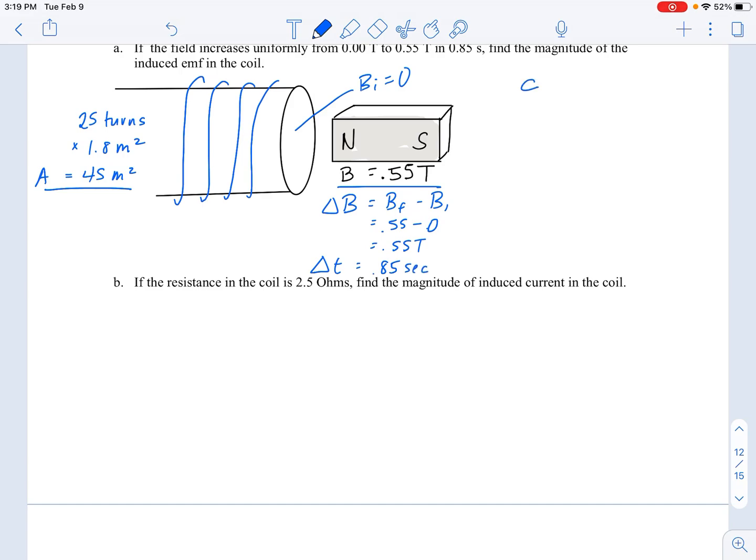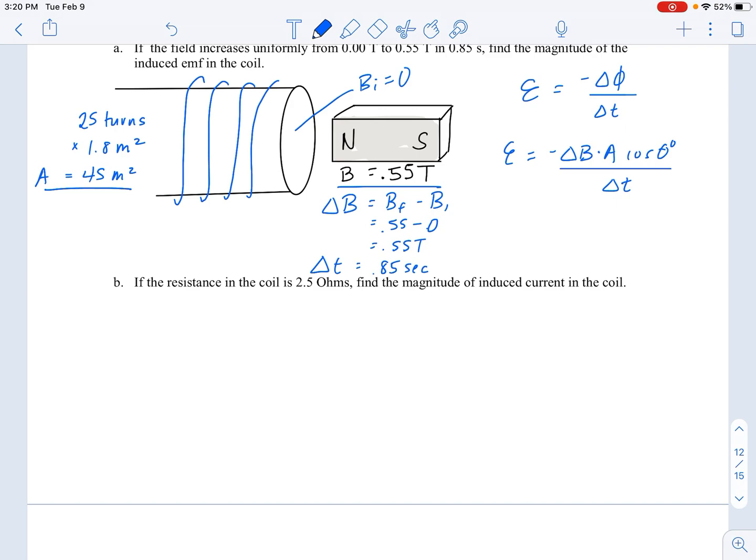So the induced EMF, or the voltage induced, is equal to the opposite of the change in flux over the change in time. If I make a substitution here, this time what's changing is the magnetic field. So it's delta B times A times the cosine of the angle over delta t.